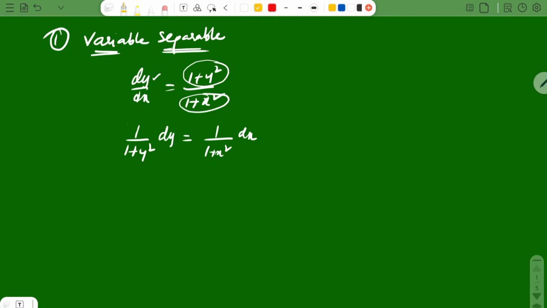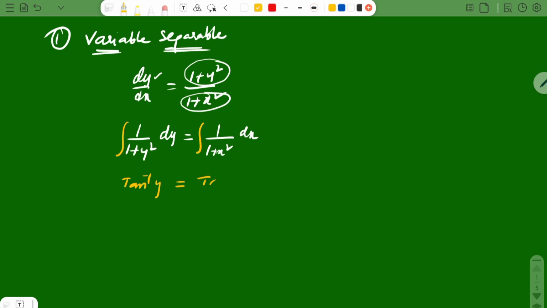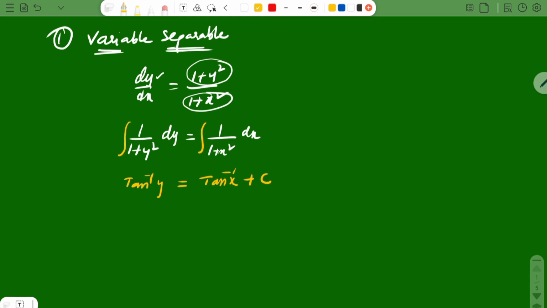Now we need to integrate on both sides. Applying the integration, we have the formula: integral of 1 by 1 plus y square dy is tan inverse of y, which is equal to the integral of 1 by 1 plus x square dx, so tan inverse of x plus constant. Therefore this is the required solution of the differential equation.